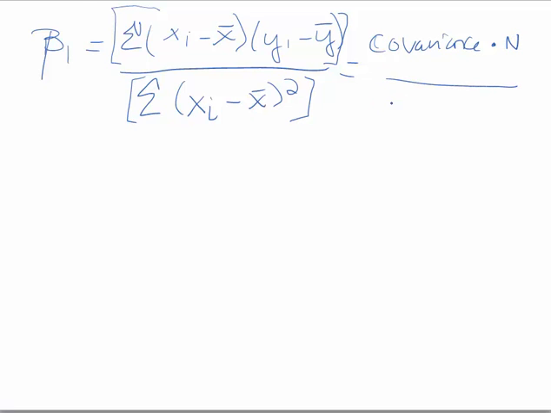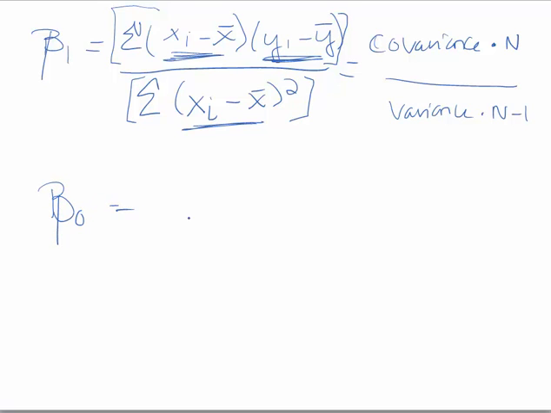And the denominator is actually equal to the variance times n minus 1. So we can very simply go into Excel and use these commands and calculate this stuff instead of painstakingly calculating all of these individual pieces and then summing them up.